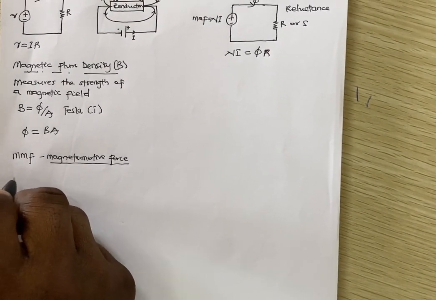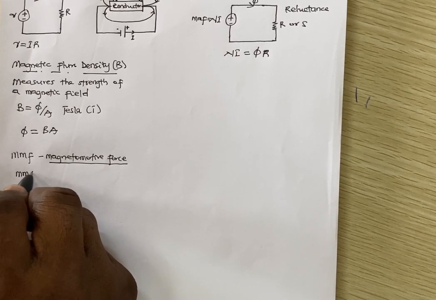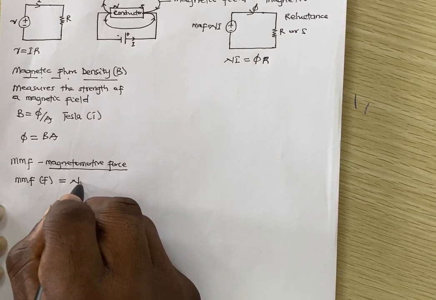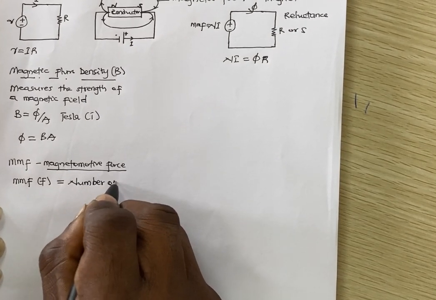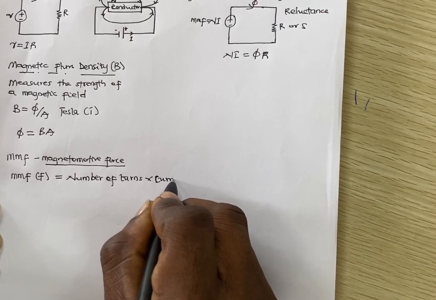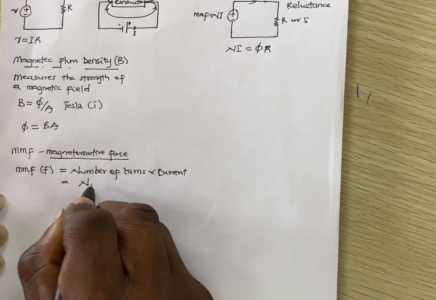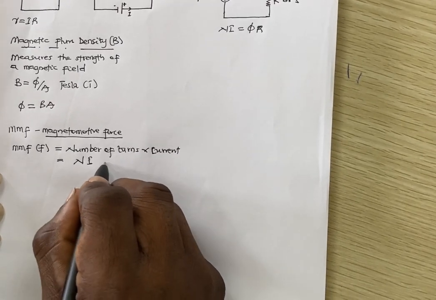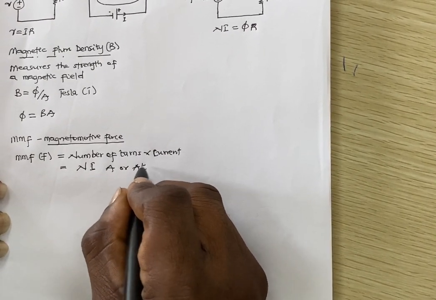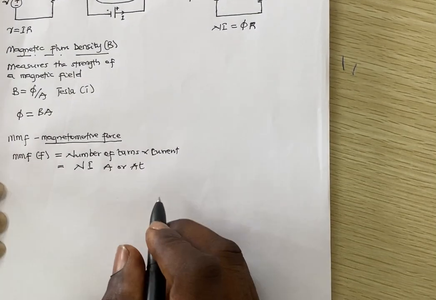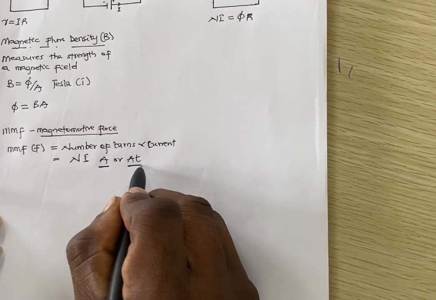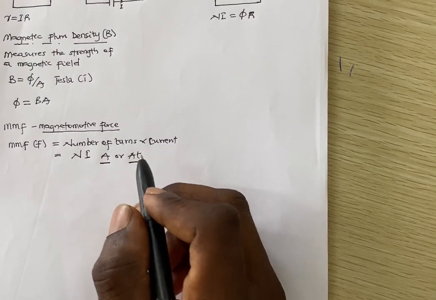The MMF, which can also be represented with just F, is equal to the number of turns times current. So that will be N times I, and the unit for this can either be amperes or ampere turns, depending on which you want to use.